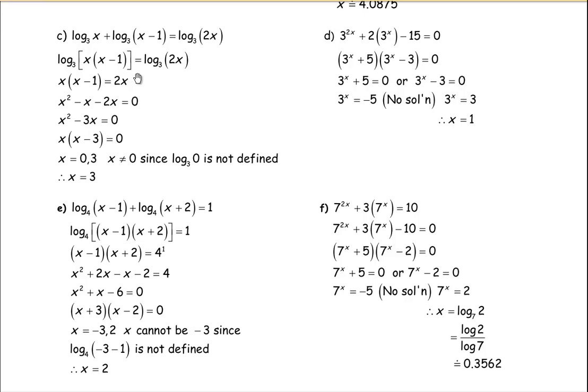And so to go from this line to this line, since it's log base 3 both sides, we drop the logarithms. Some beginning students who first start working with logarithms think that you're actually dividing out a log base 3 both sides. That is not what you're doing. So do not write something like that.